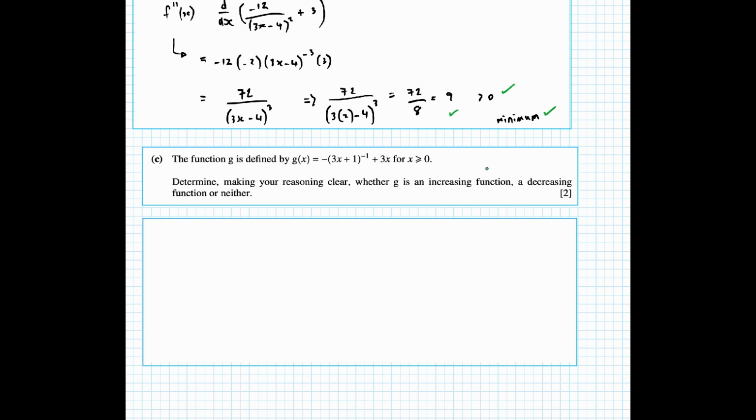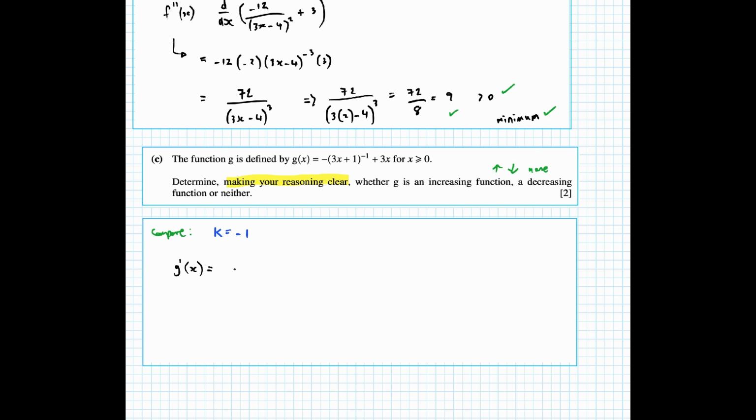Okay. Part C. We're given something similar, but a bit different. K in this case is like minus 1, it appears, as opposed to 4. Make our reasoning clear. So we're going to differentiate again. Just a chain rule. So you'll have that 3 as well.